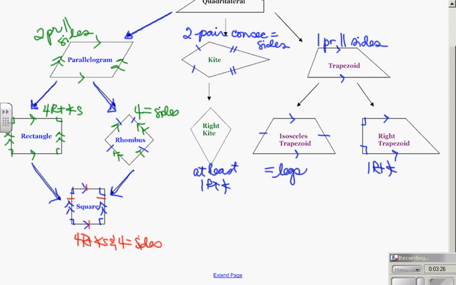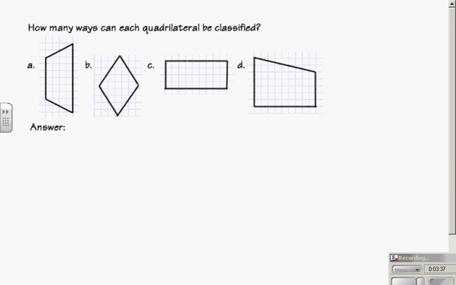Now we are going to come back to this quadrilateral hierarchy page, but you can really see how everything filters down, and as you move down the chart, you get more specific.